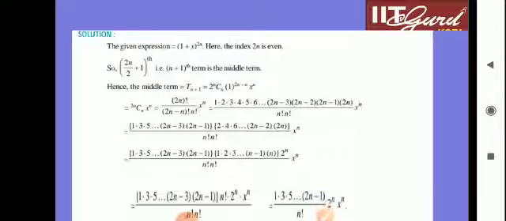You can see the solution. Open this 1 into 2 into 3. 2nCn can be opened so that n terms are written, and you have to multiply by n! in numerator and denominator, and then go ahead.